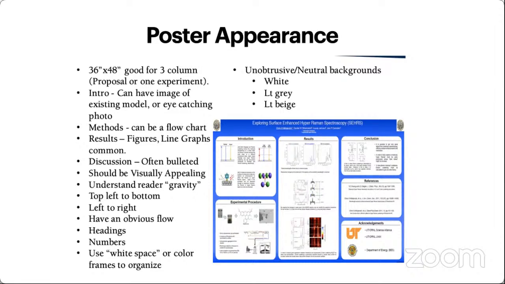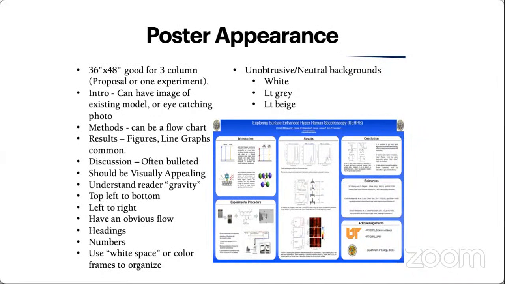So methods can be a flowchart, or some sort of graphic art, and can also be bullet points. It depends on what you want to add, but mostly preferred is something that connects a sequence of events or a sequence of designs.